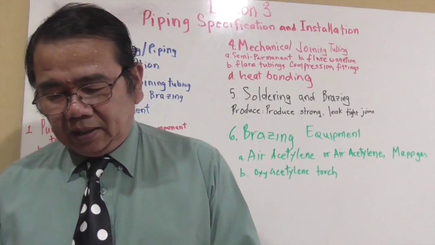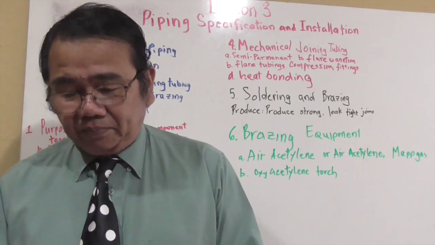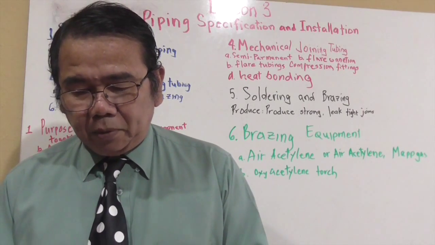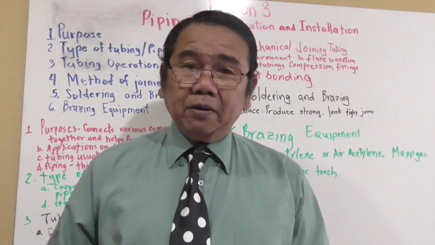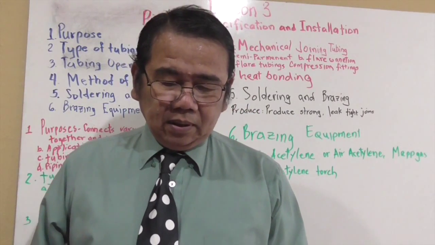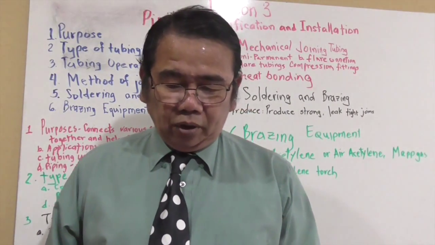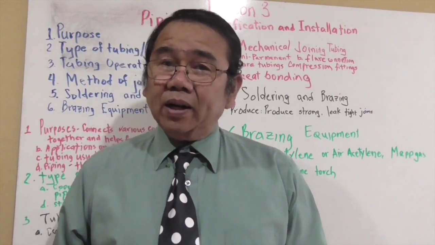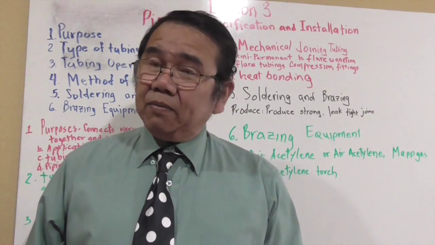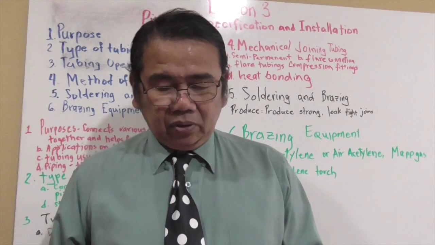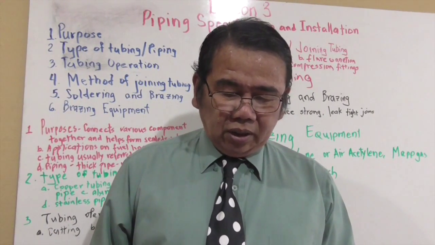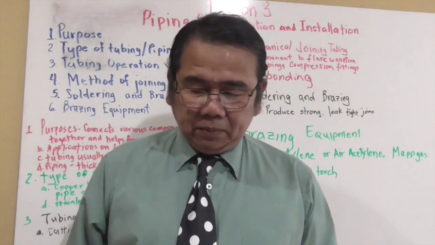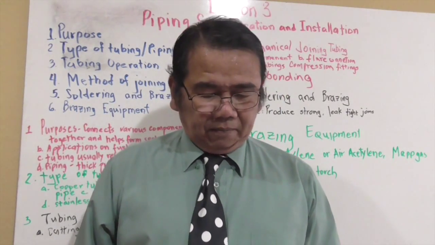Okay, we got the types of copper tubing. We got soft rolled. Tubing is very flexible, easier to bend and form. Available in 1/8 to 1 5/8 outside diameter. Sold in coils of 25 feet, 50 feet, and 100 feet length.